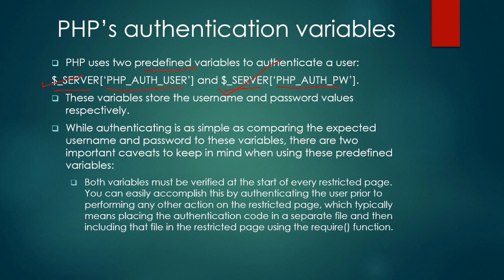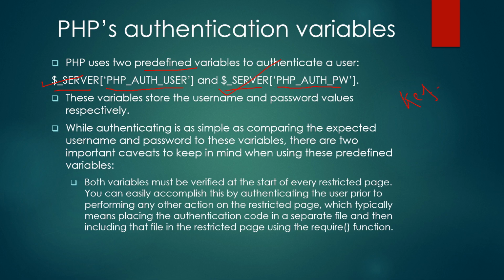Now you might be thinking that these two variables look similar, but a variable can hold one value at a time. But we have also learned about arrays, right? Arrays are special variables that can hold more than one value at a time. So $_SERVER is an associative array. Associative array means the data will be stored in the form of key and value.